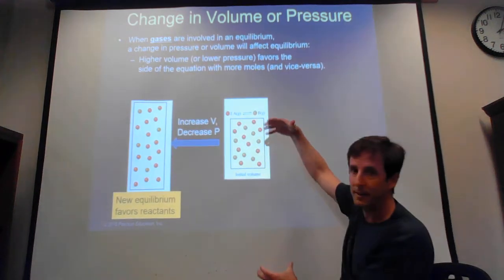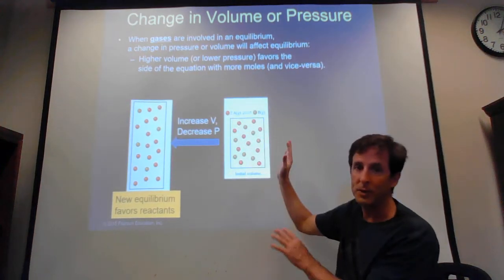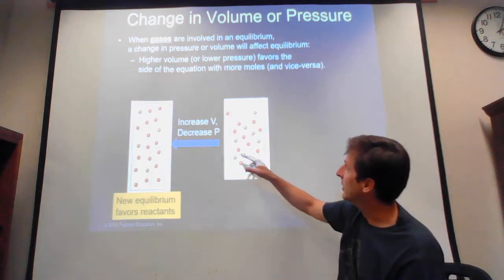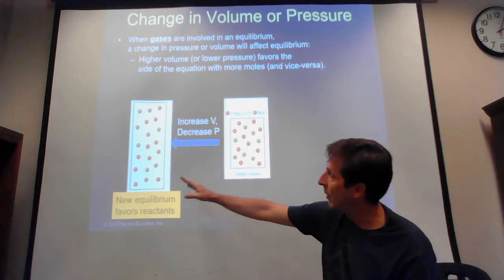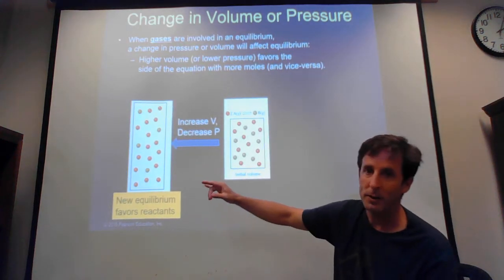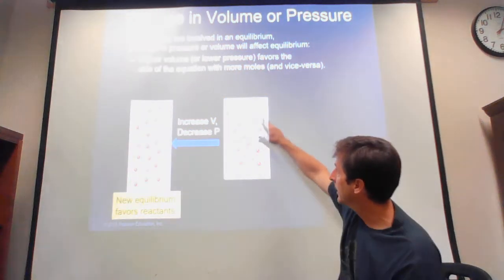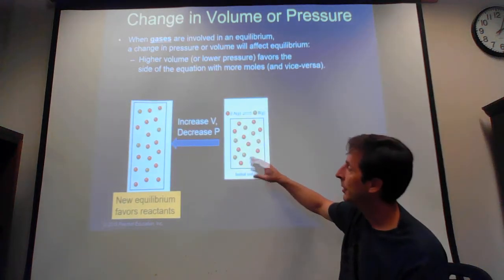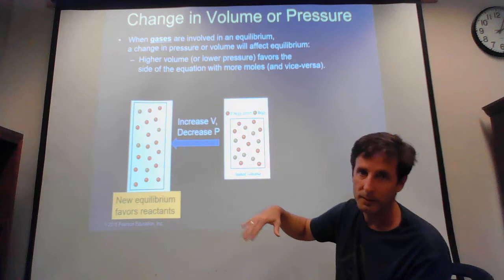So if I increase the size of the container, it's going to shift toward the side that has 2 moles of gas, which is to the left. So what I notice is A are the red circles. When I shift that way, the fraction of the molecules that are red is going to increase. B is the gold circles. When I shift toward the left, the number of gold circles is going to decrease.